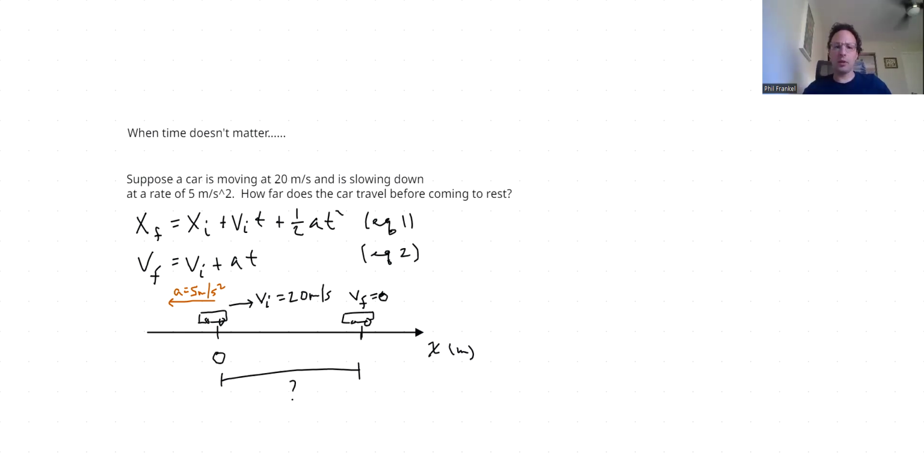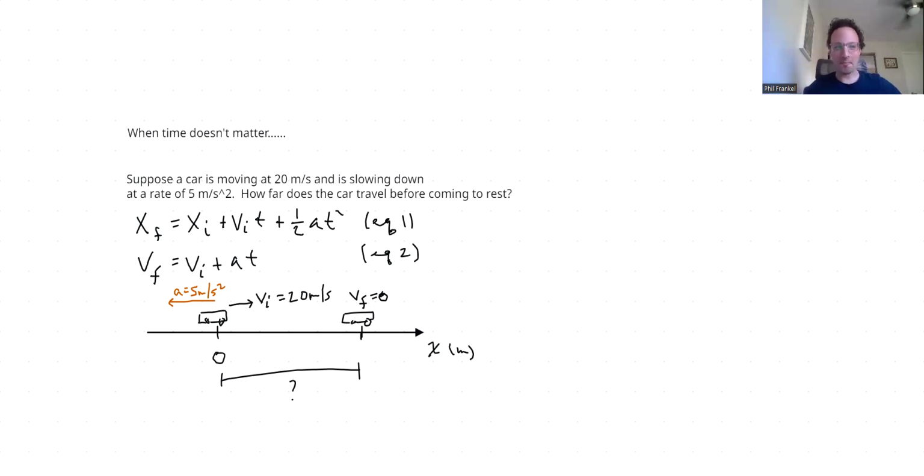We can't use kinematics equation 1 immediately, because I don't know what time to plug in. If I knew how long it took the car to come to rest, I could plug that time into equation 1 and find the final x coordinate, which would answer the question. But I don't know that.